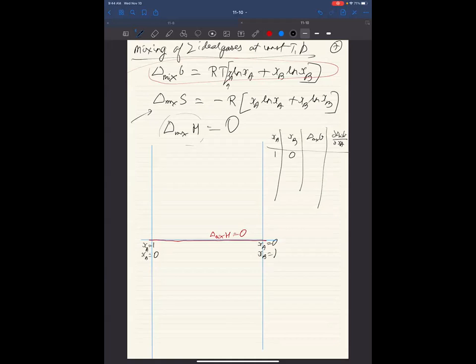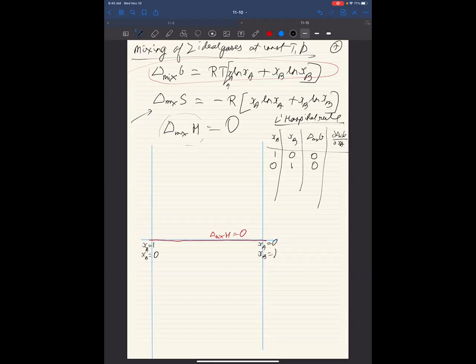You have to use my favorite rule from calculus, also known as the L'Hospital rule. Some people call it L'Hopital rule. I think it's L'Hospital. So you can show by using L'Hospital rule that this thing is 0 at both ends. When you put XA is equal to 0 and XB is equal to 1, it's once again 0.